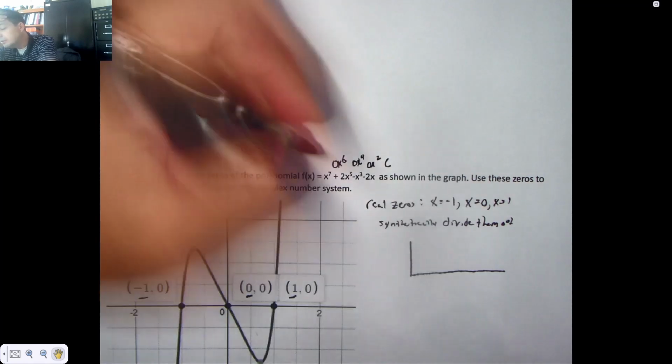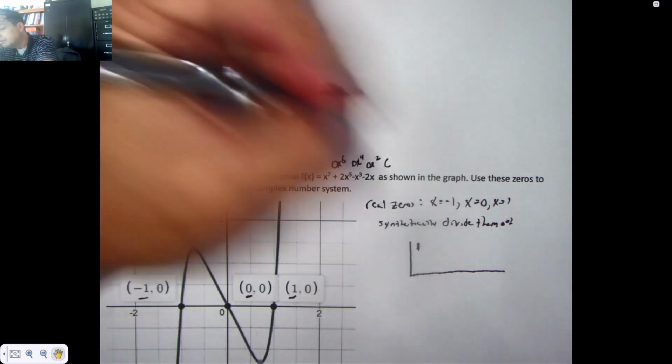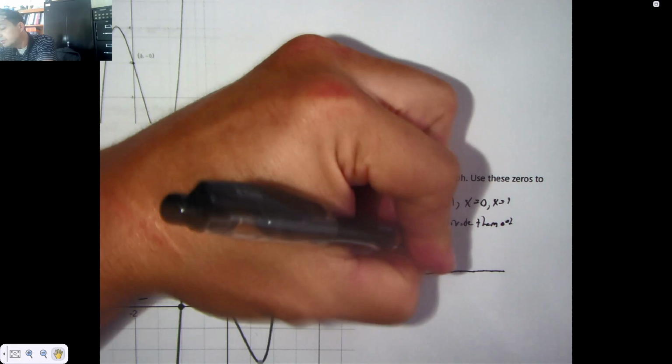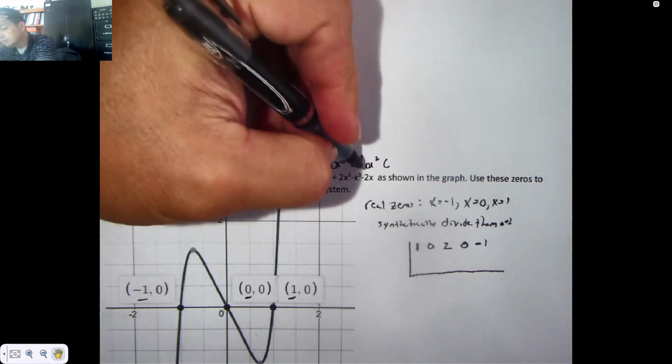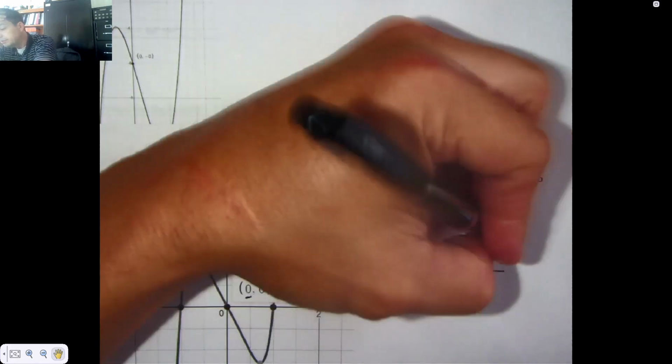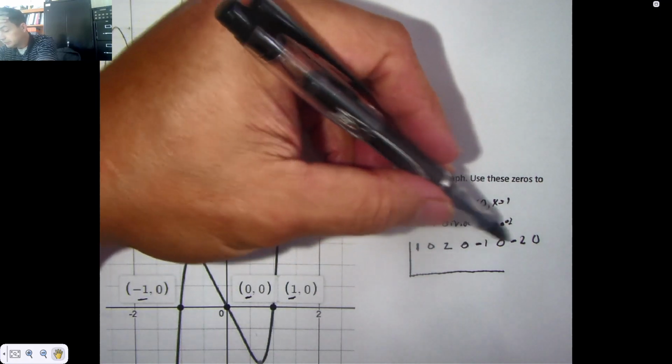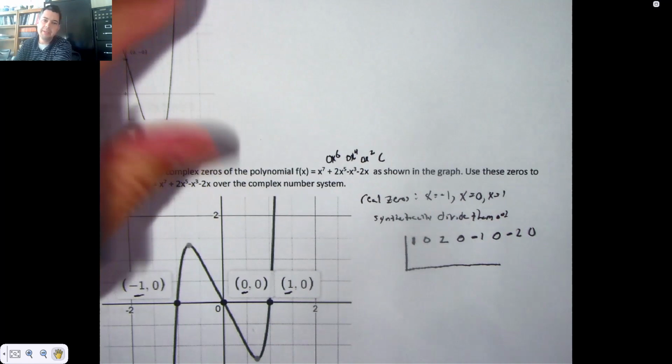It really doesn't. But our coefficients are 1, 0, 2, 0, -1, 0, -2, and then a 0. Make sure I add 8 pieces.